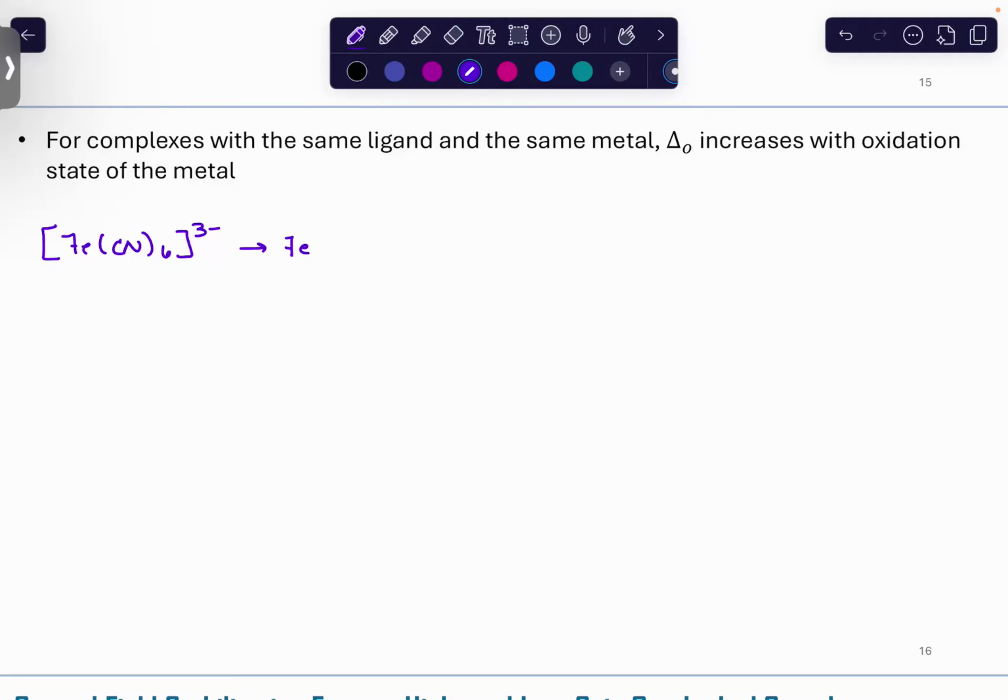I was just thinking of the electrons being pulled away. Well, think of it like this. If I have 6 cyanide ions, that gives me a -6. Iron does something to get me to a -3. What is the charge on iron? 3.